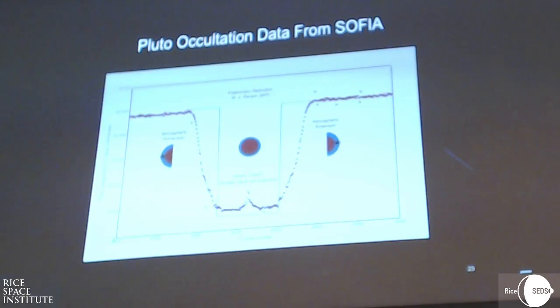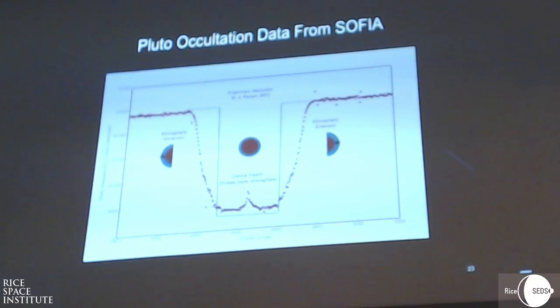And the blue line is actually what we would expect to see if Pluto was just a hard rock. So what would happen is the light would be immediately blotted, would go straight down, and then come to what we call the noise level of the instrument, go straight up, and then back at a steady level as we observe the star.